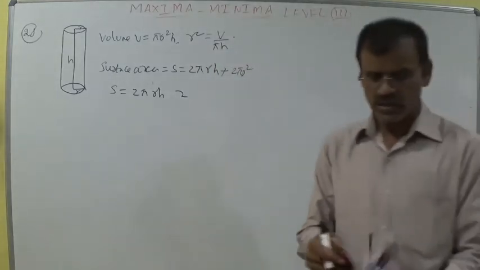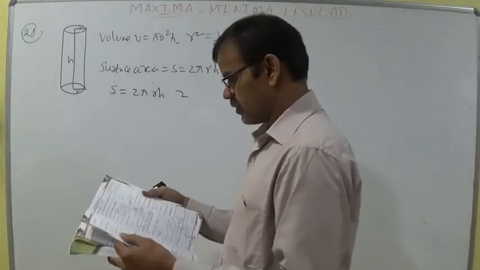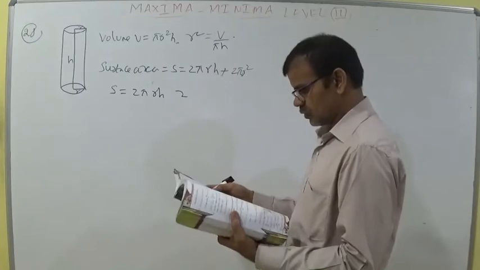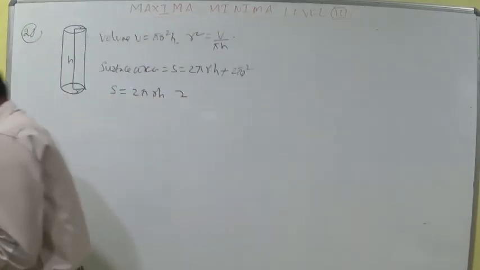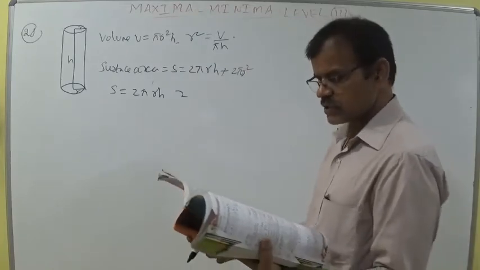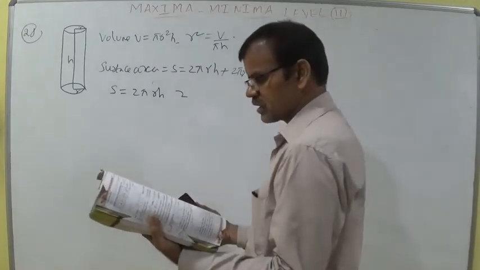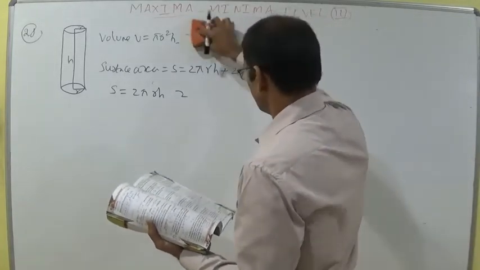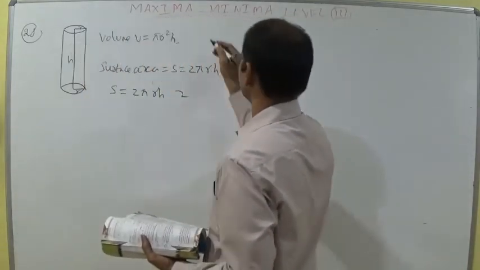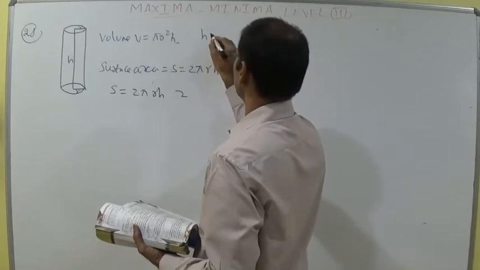Let us discuss the condition of the 28th question. He gave the condition that a closed cylinder of given volume has least surface area. If we take h is equal to V by pi r square, anyhow we can take, no problem.